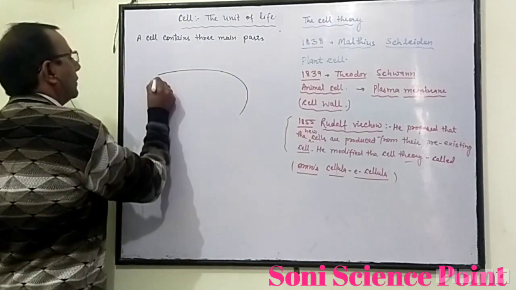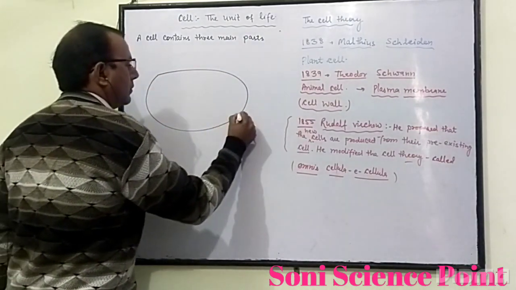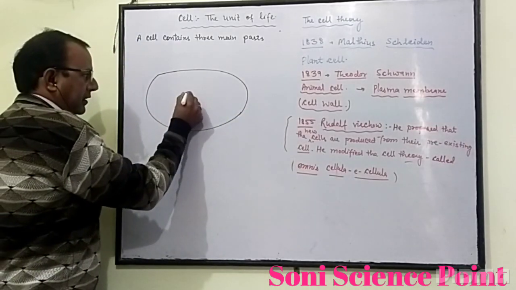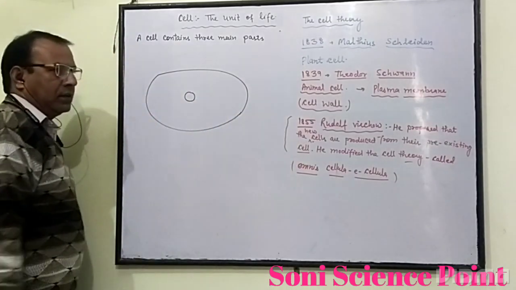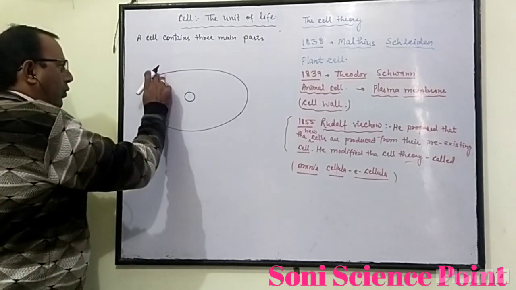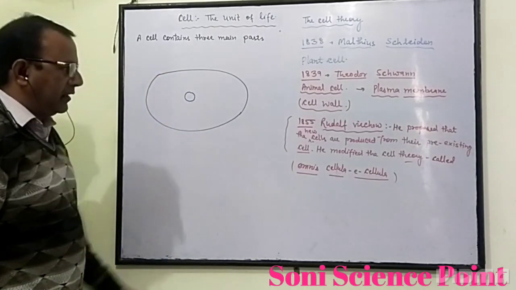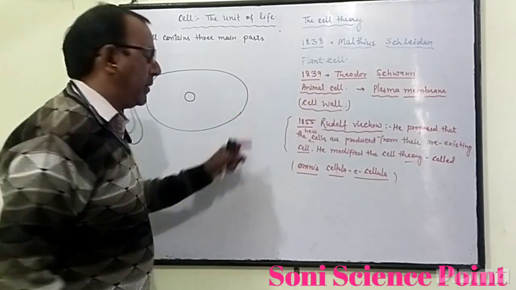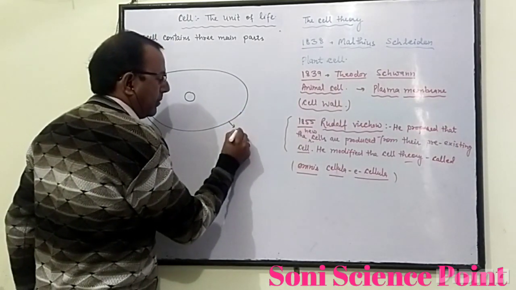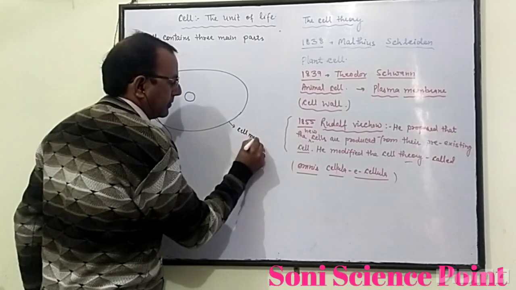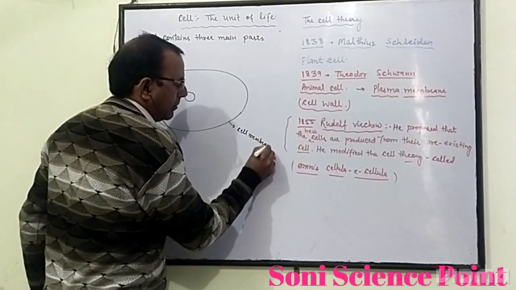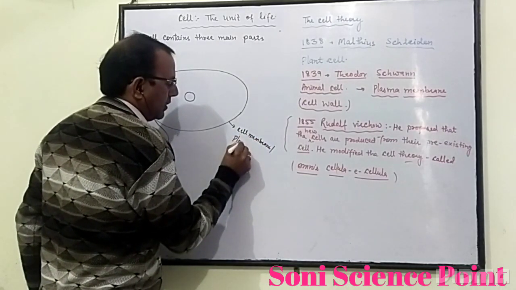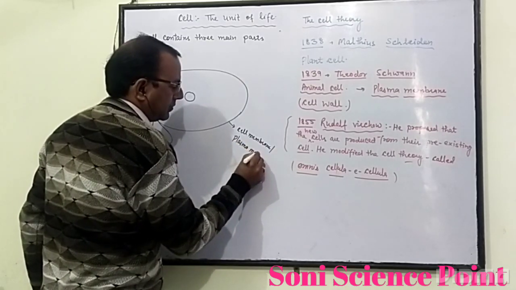This is a cell of any organism and it contains a nucleus. According to Theodor Schwann, the cell contains an outer membrane which is called the cell membrane or plasma membrane.